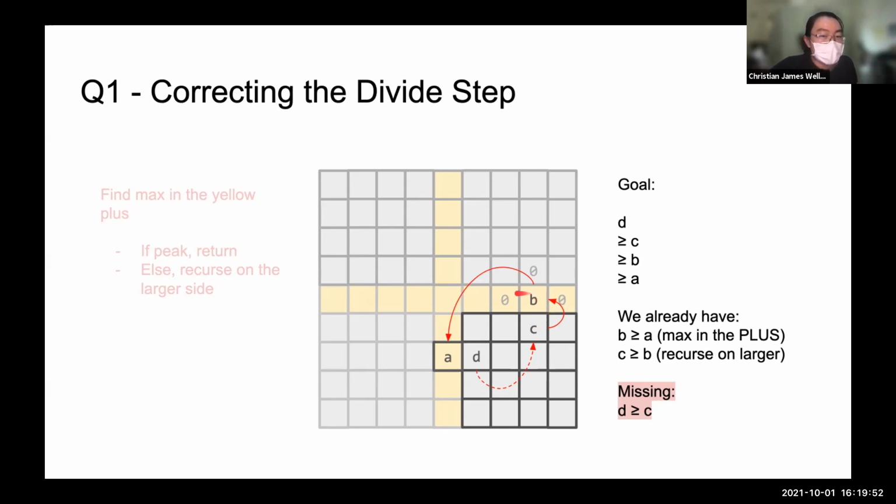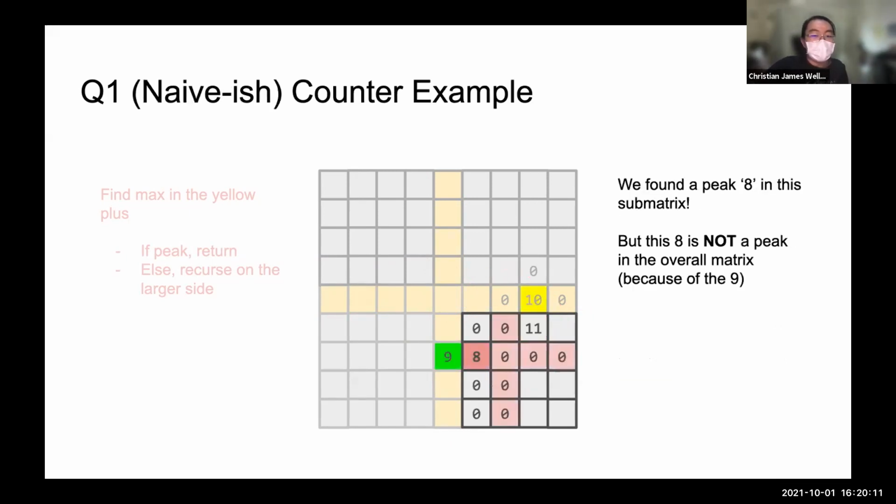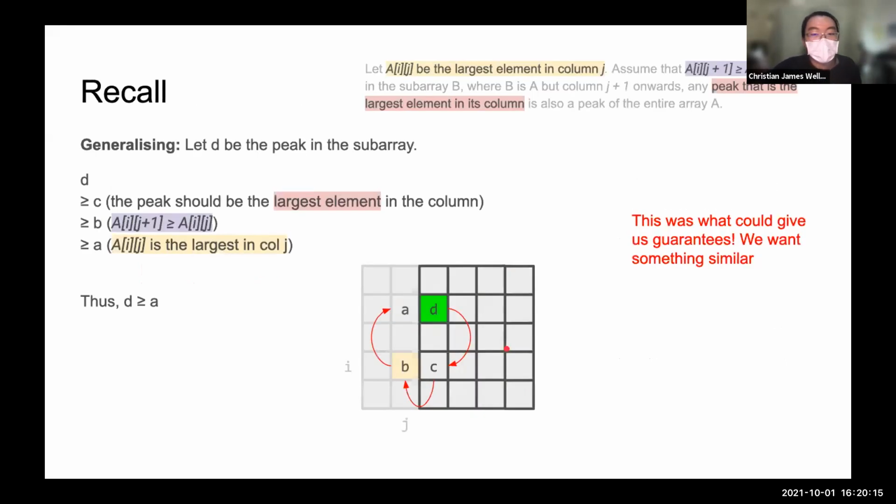We can say that B is larger than A because B is the biggest element in this plus. That's fine also. But fundamentally, we are missing the relationship between D and C. That's why our algorithm failed. Does this make sense? This is me just trying to formalize how come this doesn't work, how come it gave a wrong answer.